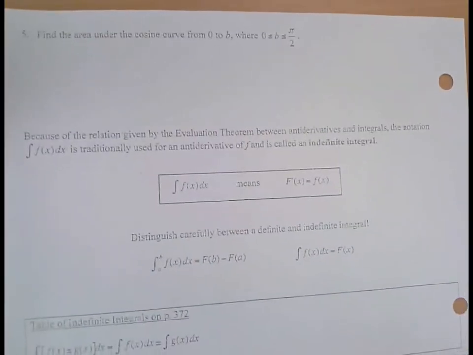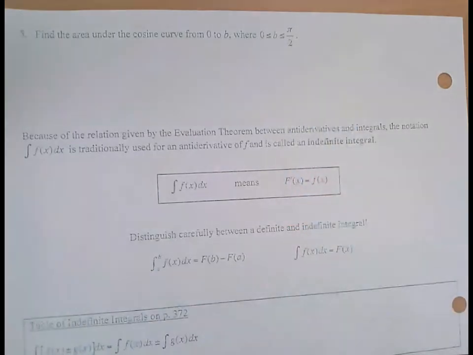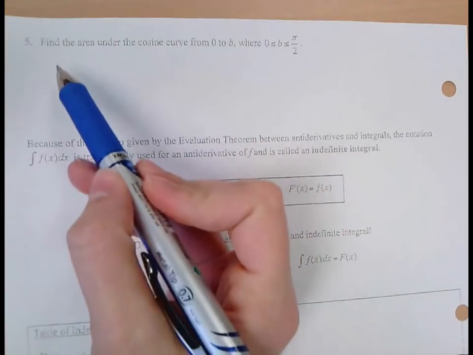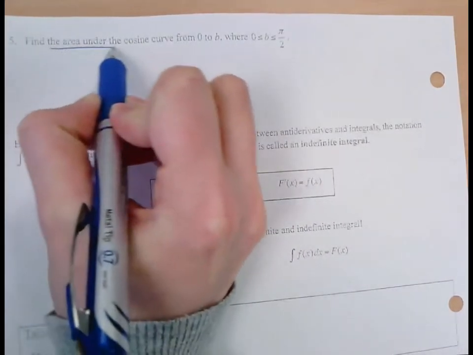Okay. Then number 5. This one, example 5, says find the area under the cosine curve from 0 to b, and b is in between 0 and pi over 2. So this is kind of an application, area under a curve.